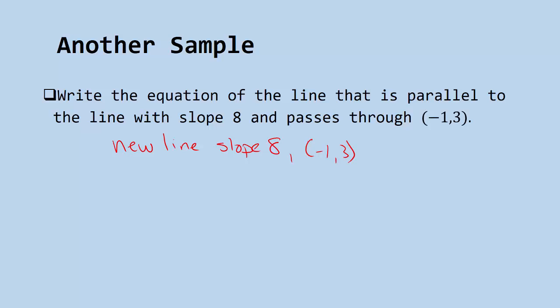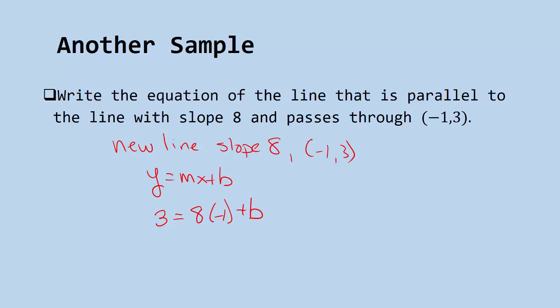So I'm going to take the format y equals mx plus b. So my slope-intercept form, I'm just going to plug in all my numbers. So for y, I'm going to plug in 3, slope 8, my x -1, and that's going to get me my y-intercept.